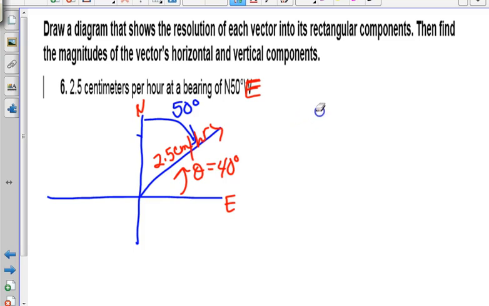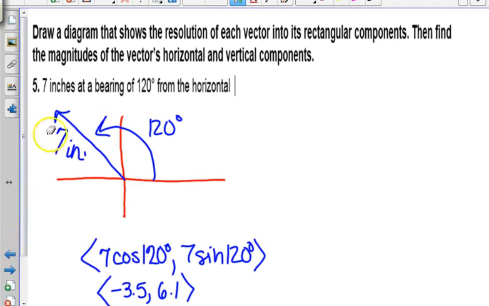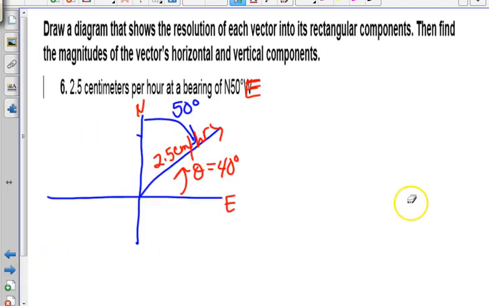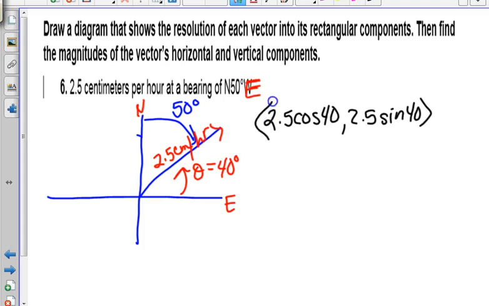Yes. It said from the horizontal, so neither. It's giving us the direction, okay? Good question. All right, let's finish this one. Did anybody type 2.5 cosine of 40 for me and 2.5 sine of 40? These little arrowheads are just what they use to keep it separated.